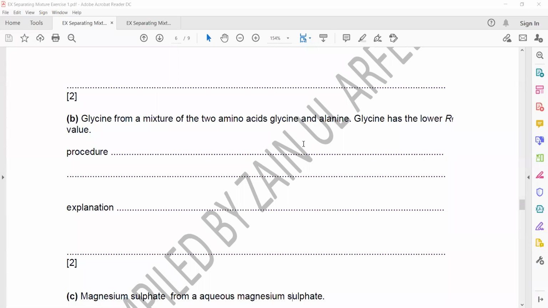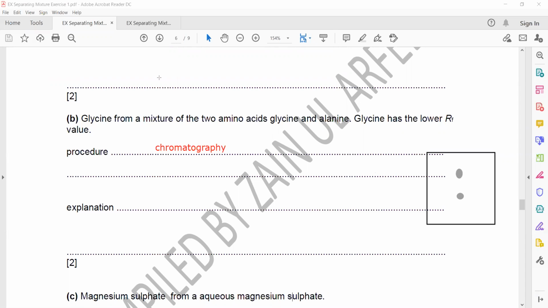Glycine for a mixture of two amino acids, glycine and alanine, and has an RF value. So the procedure, the technique which we'll use is chromatography. Why are the two types of amino acids separated from each other?